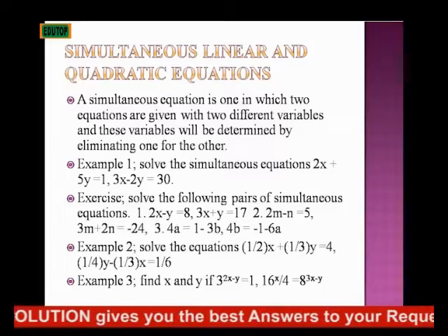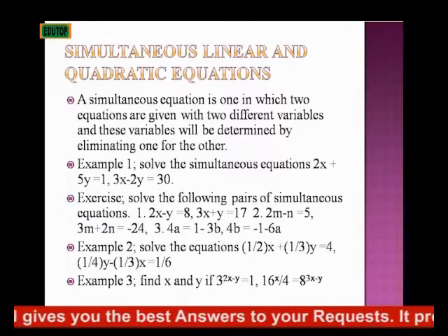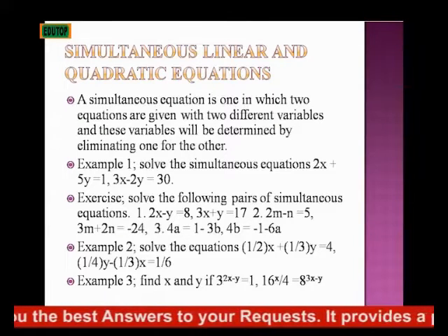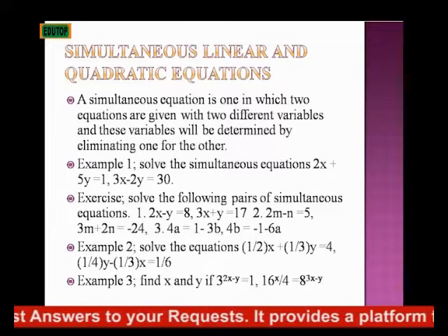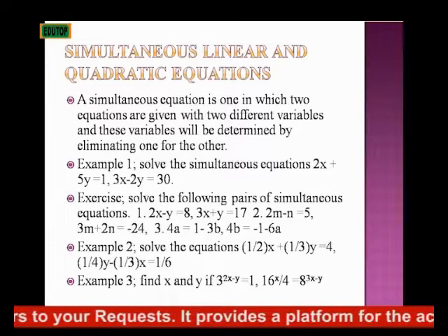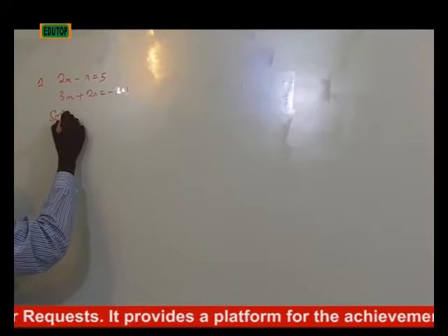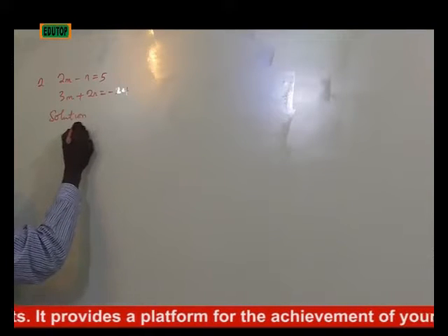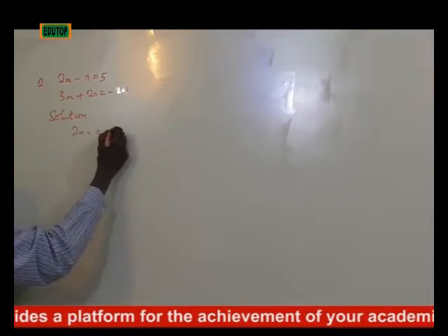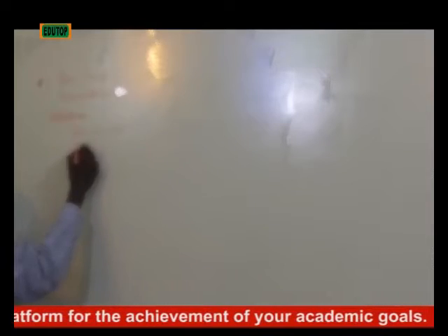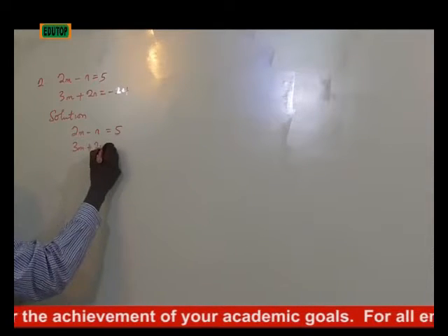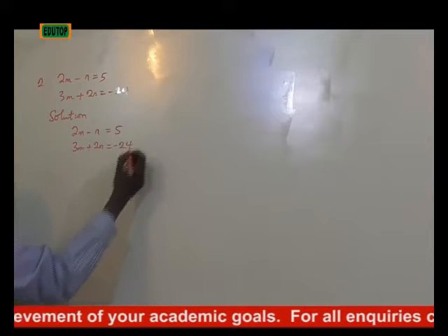If you see equation 1, you discover that you have a simpler equation. So by doing this, I have the solution. I have 2m minus n equals 5. Then I have 3m plus 2n equals minus 24.